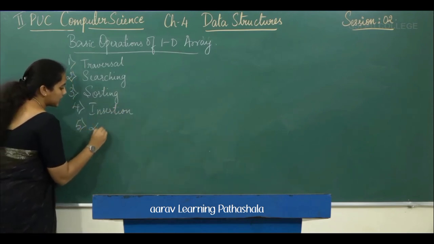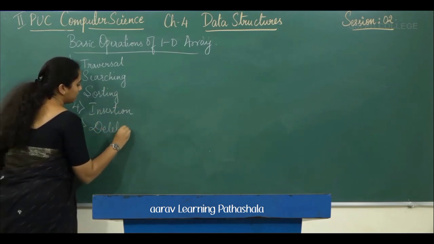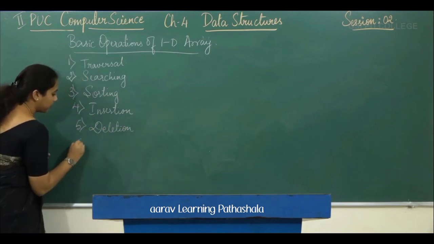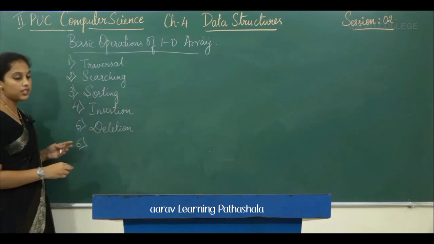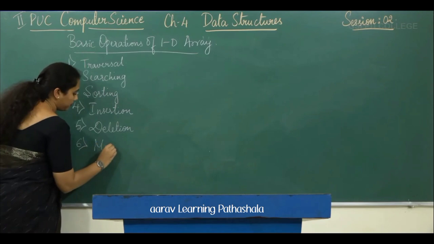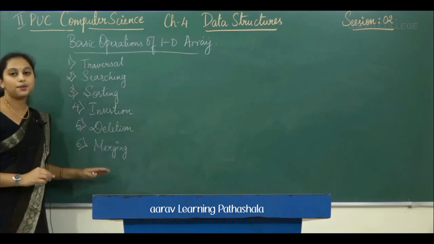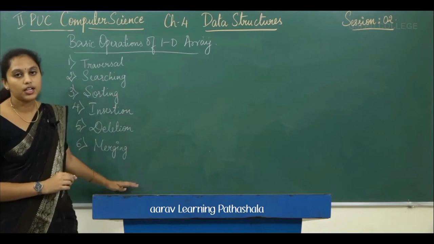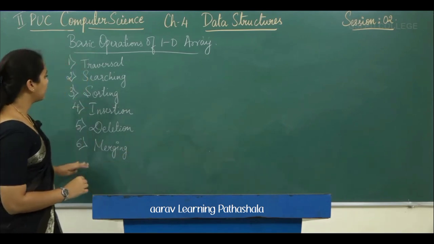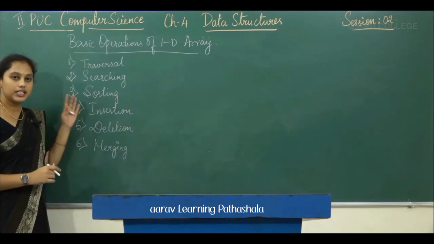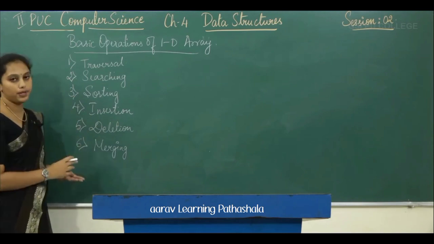Fifth one is deletion. And sixth one is merging. These are all the basic operations which we can perform on a one-dimensional array. In this session we are going to study these operations in detail.